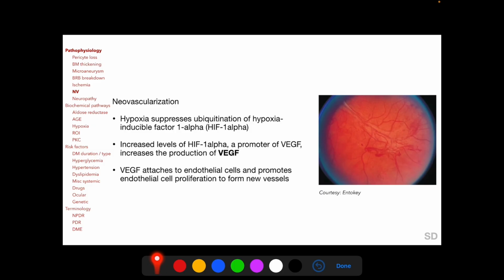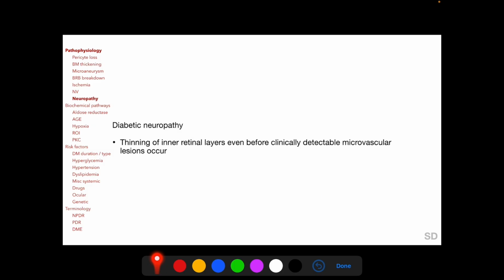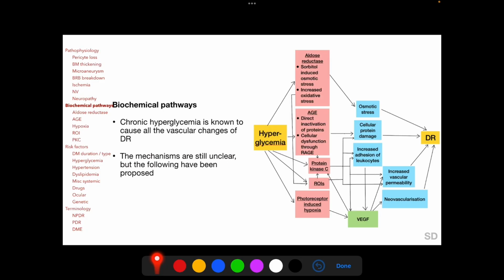which are important causes of loss of vision. It is also hypothesized that neuropathy due to diabetes involves retinal layers, leading to the observation of thinning of inner retinal layers even before clinically detectable microvascular lesions appear. Chronic hyperglycemia is known to cause all the vascular changes of diabetic retinopathy, and the biochemical pathways are still unclear, but the following mechanisms have been proposed.